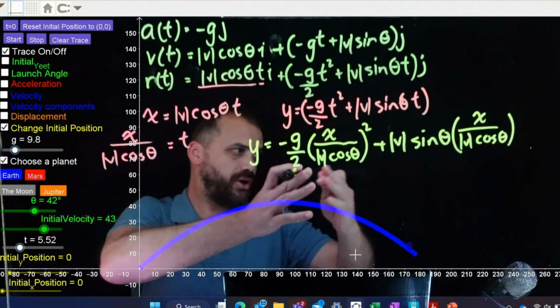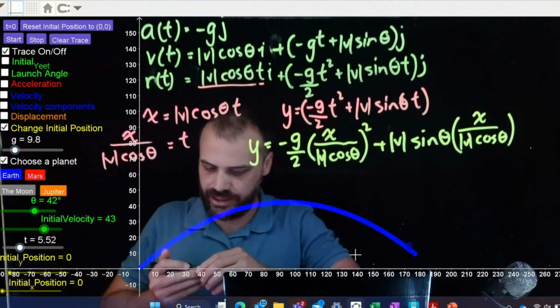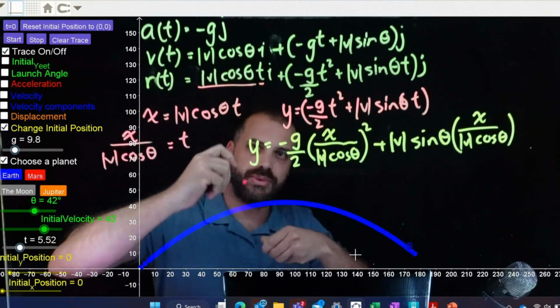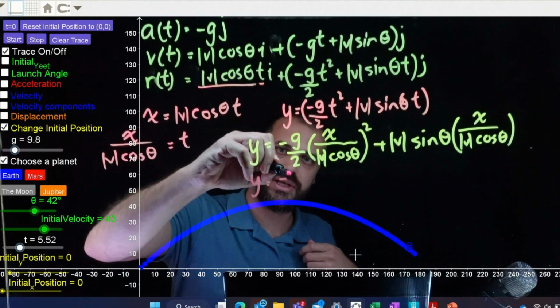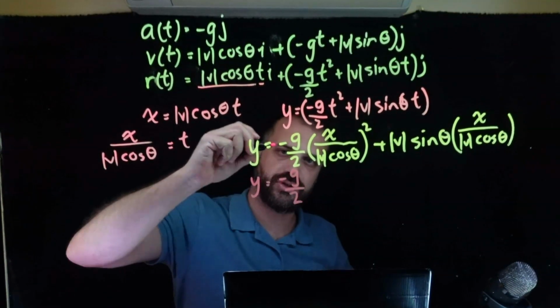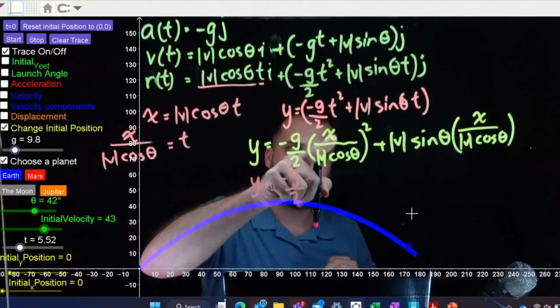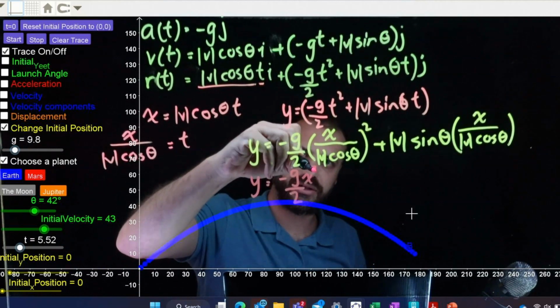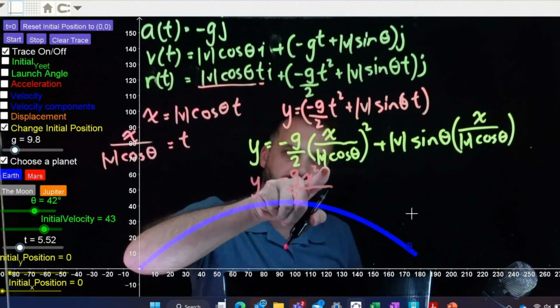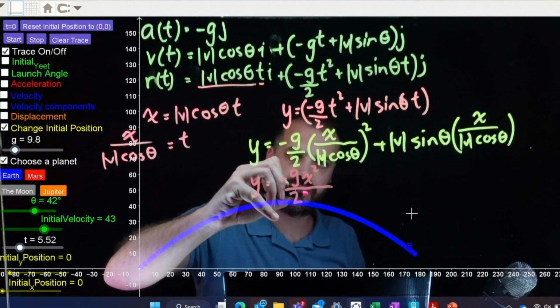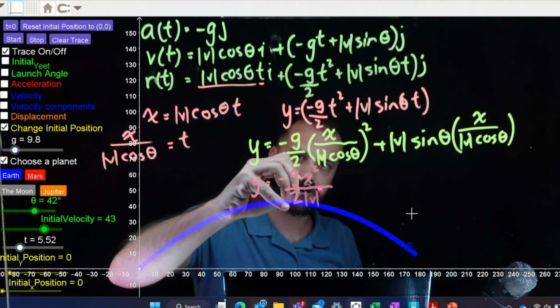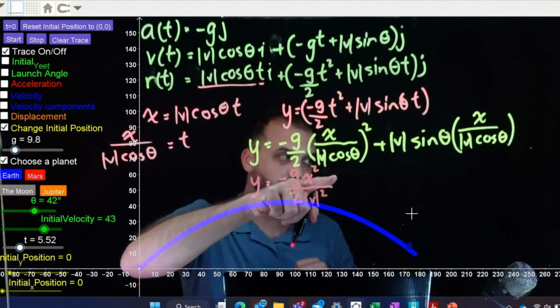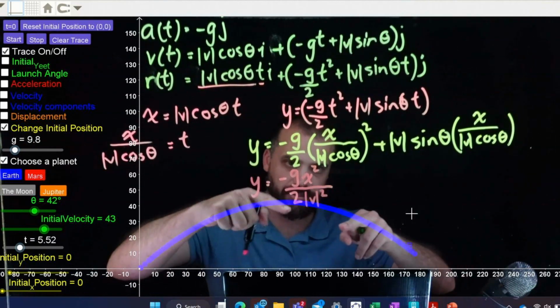Then we can tidy this up a little, because we can say y equals negative g on 2, and then x squared, the magnitude of velocity squared, and then cos theta squared on the bottom.